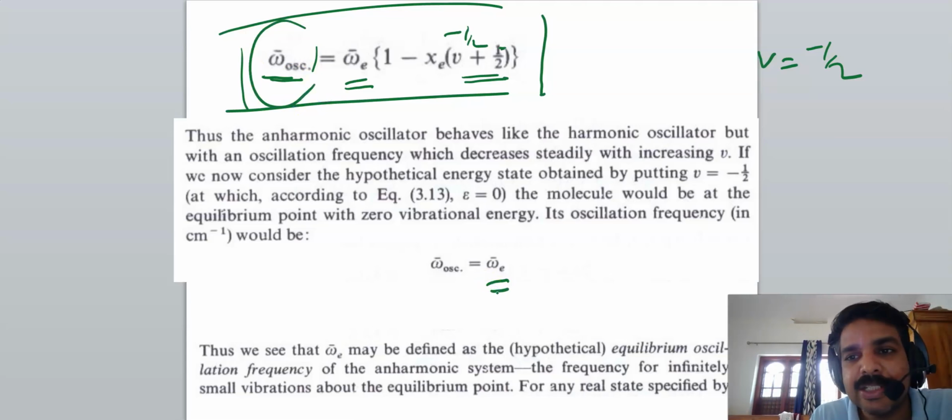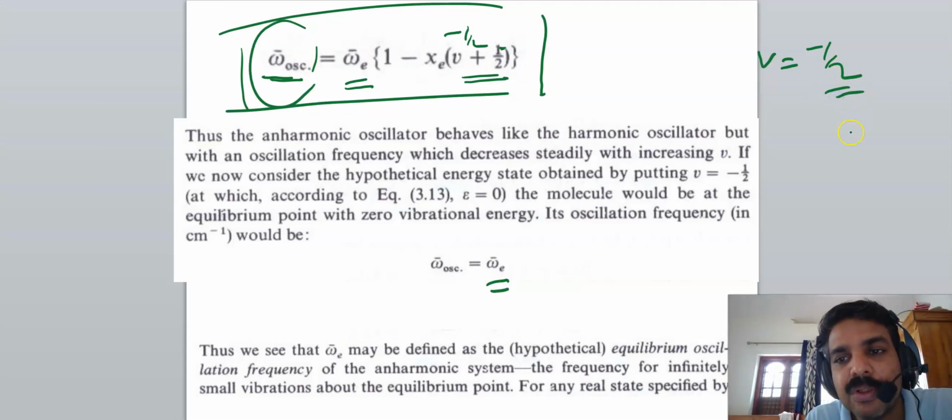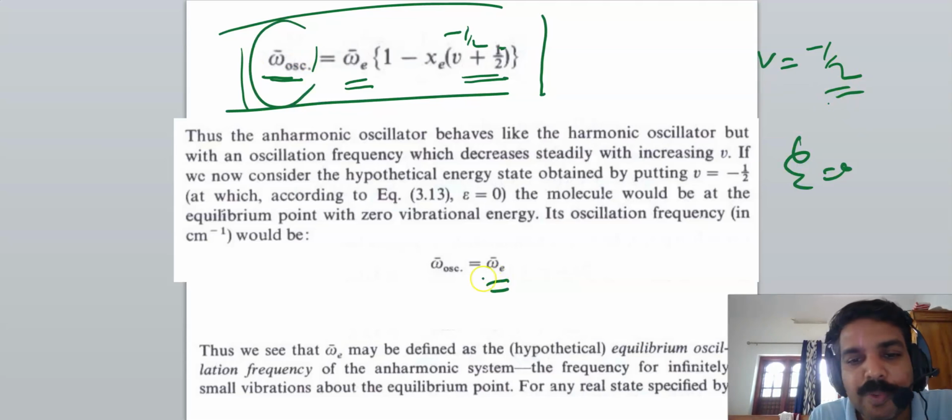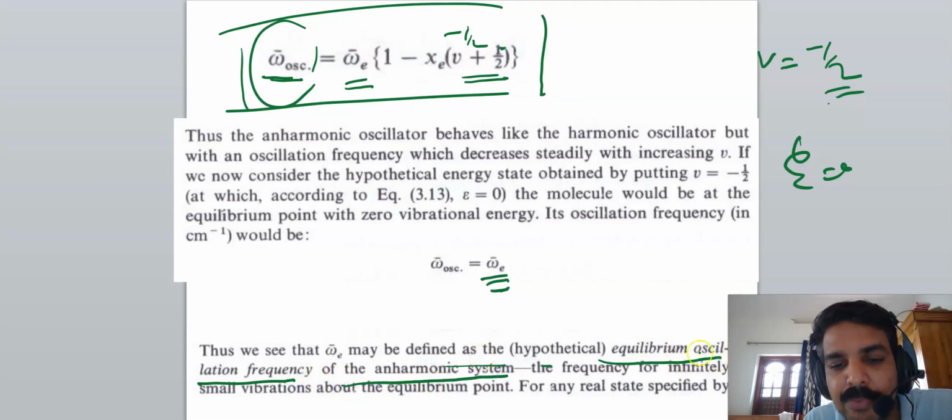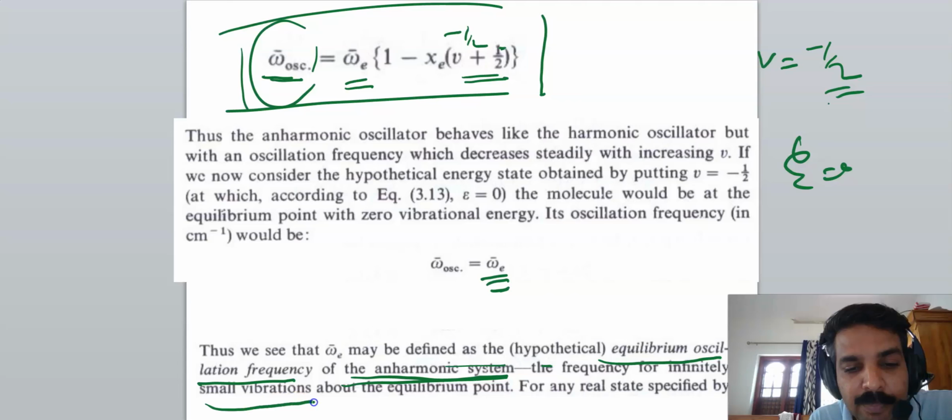And when v is equal to minus half, the energy is also equal to 0. So omega bar e is the equilibrium oscillation frequency of the anharmonic system, the frequency for infinitely small vibration about the equilibrium point.